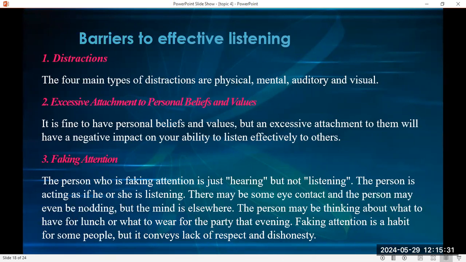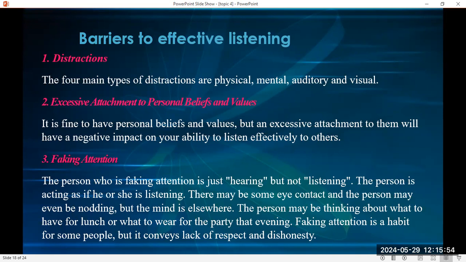Faking attention, number 3. A person who is faking attention is just hearing. There are people who are very good at faking attention. They pretend to be listening. They even nod their heads. They are just faking attention.